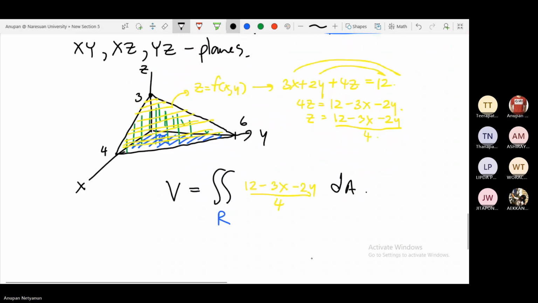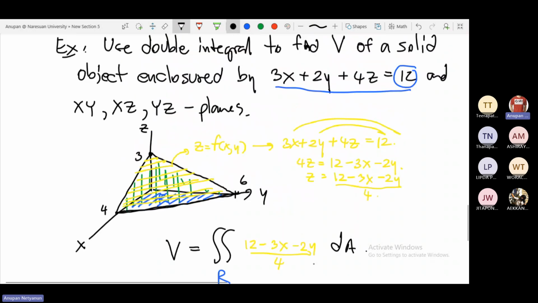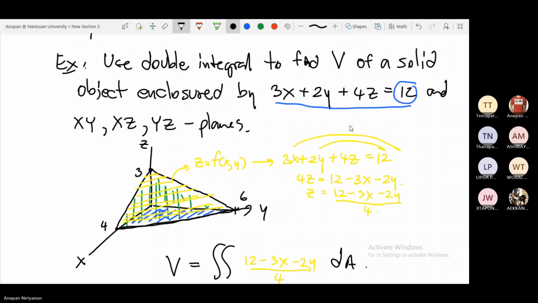So if you look at this, your region R is enclosed by this line, right? And this line is the intersection of this plane with the xy plane, right? So to find the equation of this line, we look at the plane, right?